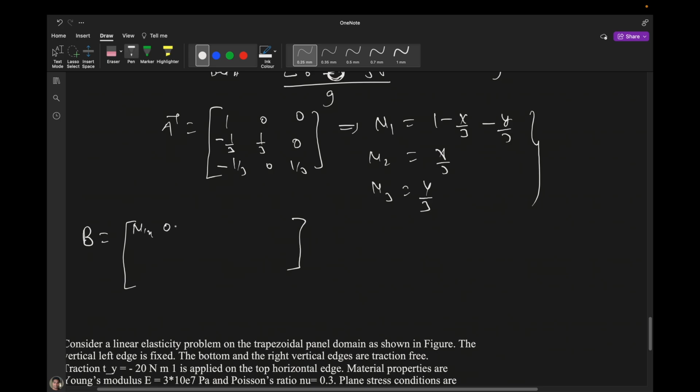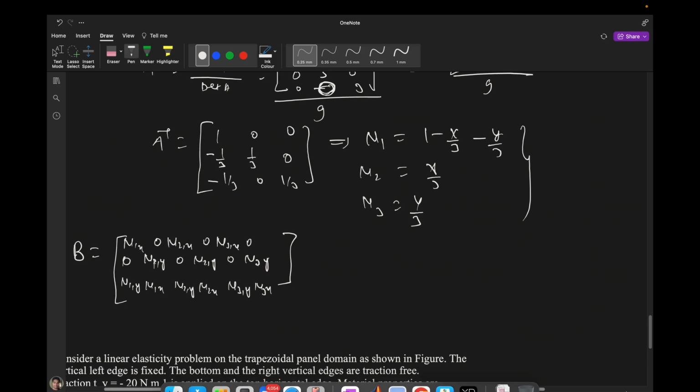B matrix is n1x 0, n2x 0, n3x 0, and 0 n1y 0, n2y 0, n3y, and here it is n1y, n1x, n2y, n2x, and n3y, n3x.